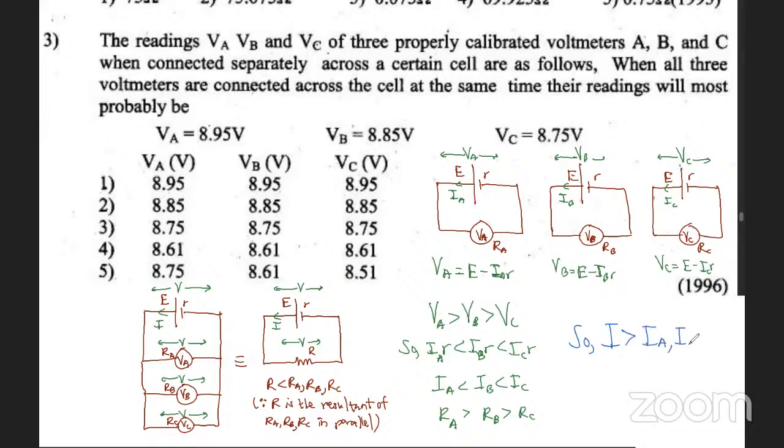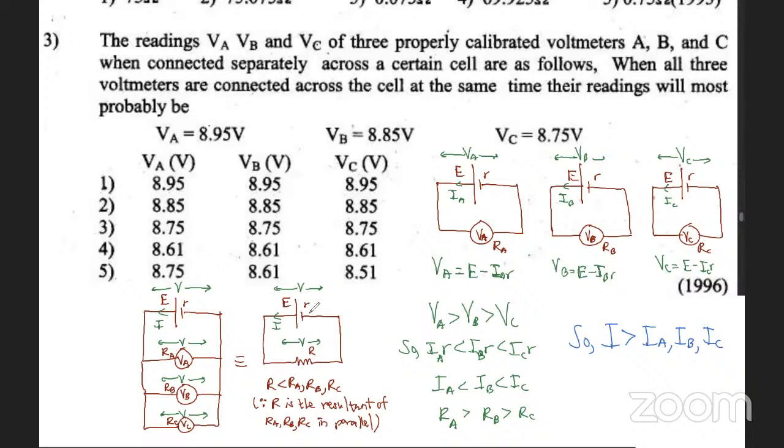Can you agree with me on that? Why? IA is because of RA, IB is because of RB, IC is because of RC, and this I is because of R. R is the resultant of all three resistors. When you put all three resistors in parallel, you get a resultant resistor which is smaller than all the individual resistors.